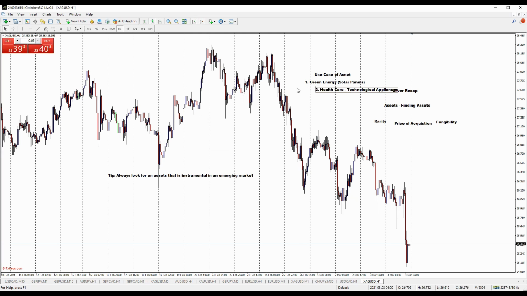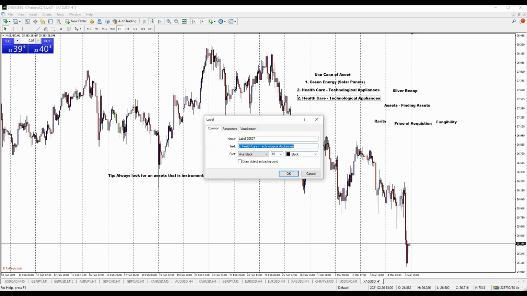So we have medical appliances. And number three, healthcare from the aspect of medicinal, let's put medicines.